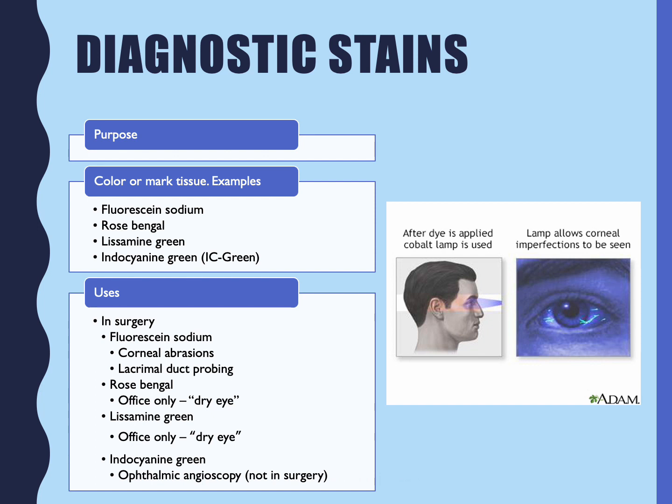And then the last one, indocyanine green, is a diagnostic dye used primarily for ophthalmic angiography. It's going to be given intravenously outside of surgery to visualize the choroidal vascular network.